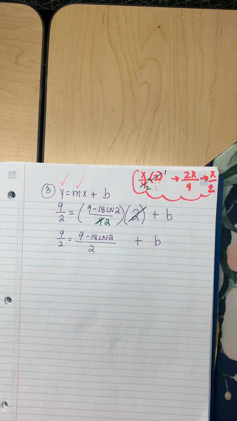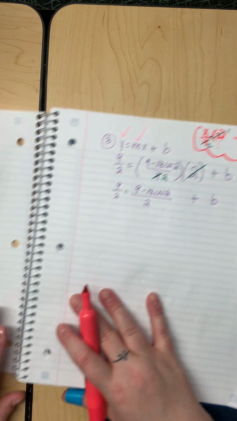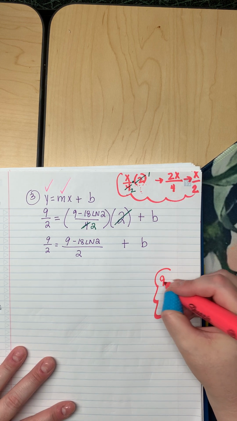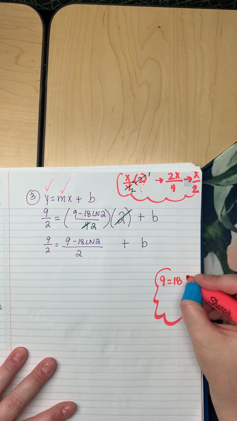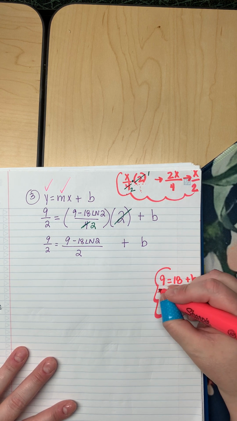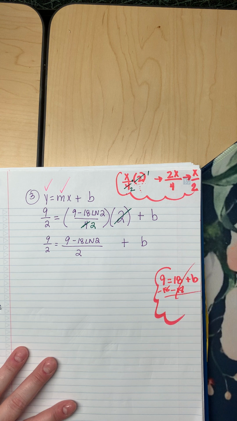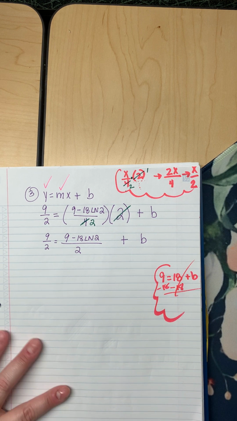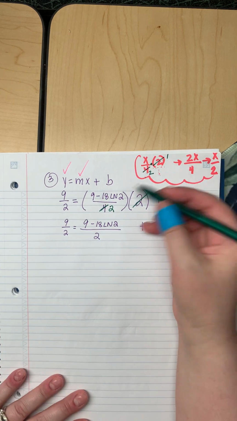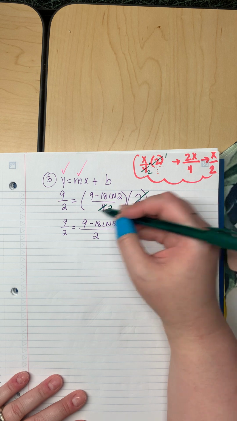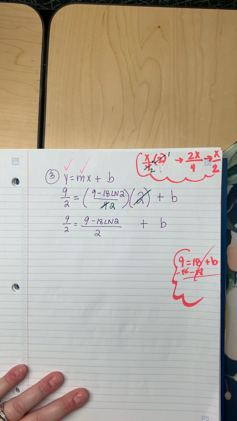So this looks crazy, but if I would have, let's say, 9 equals 18 plus b, wouldn't I just subtract over this 18? Yeah, we're going to do that same thing here, use that same theory, only we're going to pick up this whole thing and subtract it to the other side.